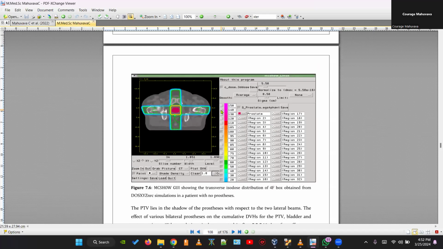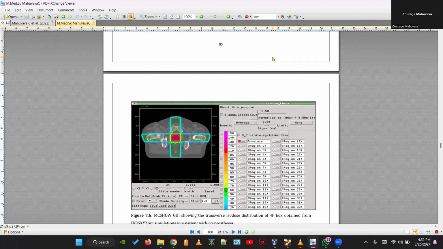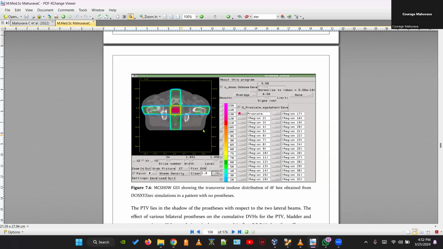So let's say this is a 4-field box, all right? And this is what we call MC show. We will use what we call DOS XYZ show. It's basically the same thing as MC show, right? But it basically shows you the isodose lines within a patient.